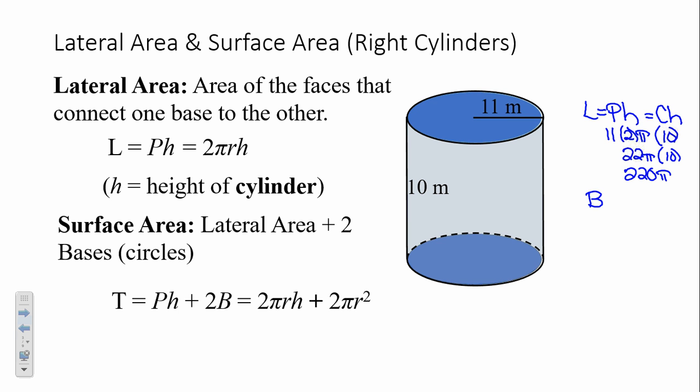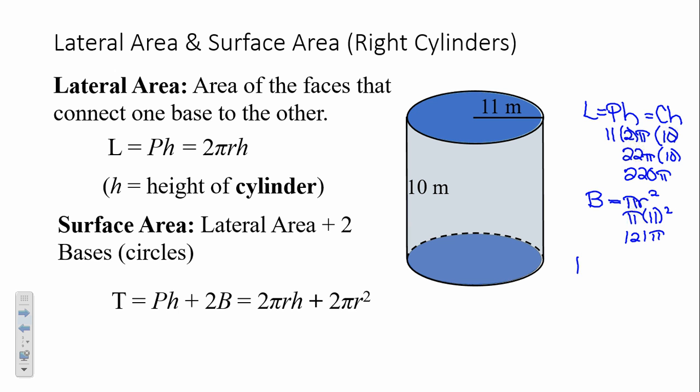How do you find the area of a circle? Radius squared times pi, or pi r squared. Eventually. One base is going to be pi times 11 squared. What's 11 squared? So we have 121 pi.